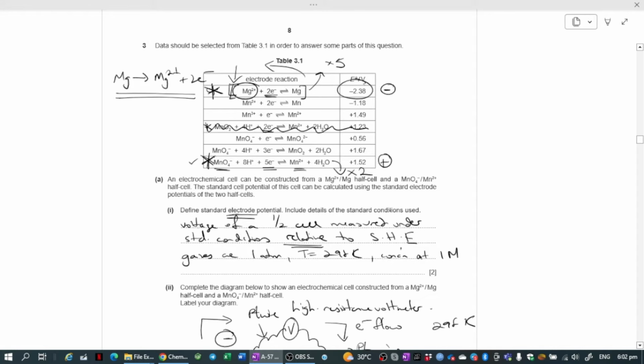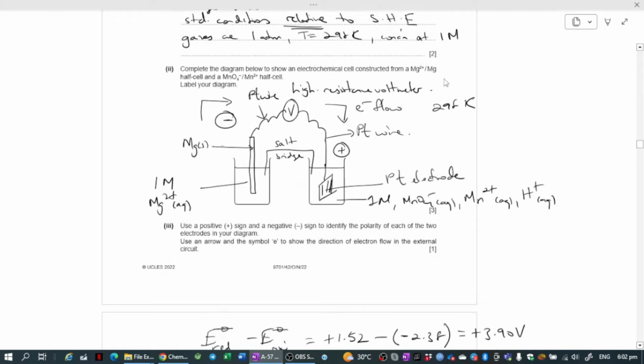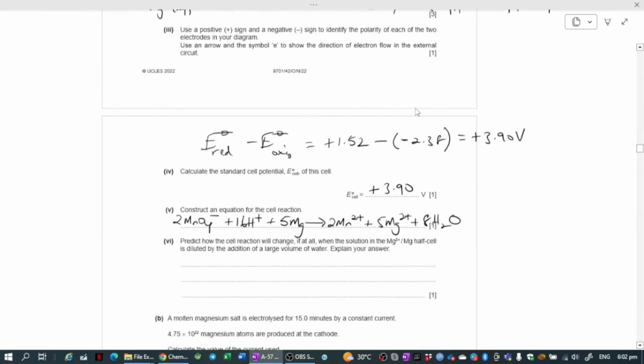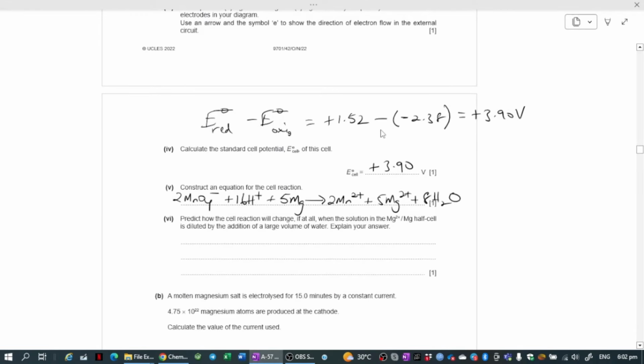So from negative 2.38, it may drop to negative 2.4. And if this gets more negative, it means the cell potential will just increasingly get more and more positive. So the cell potential gets more positive.